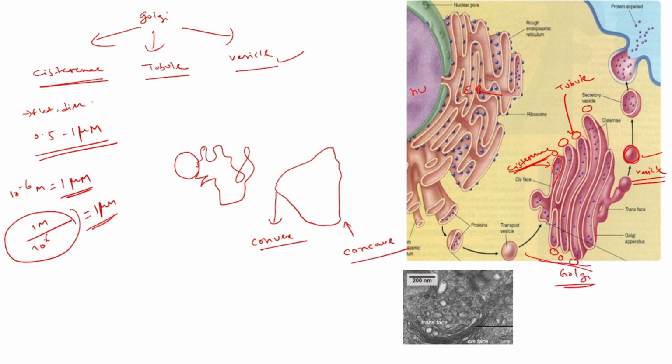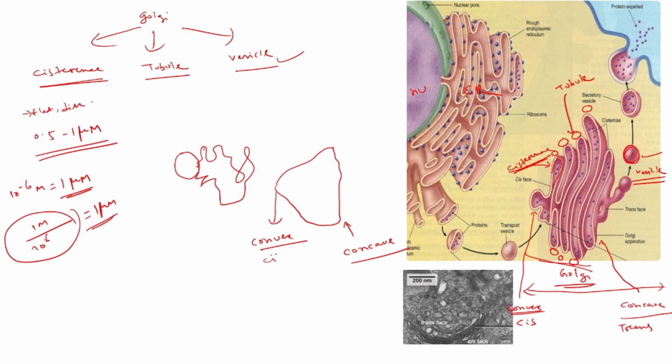You know what is convex and what is concave. The pointed end is called the convex. So one part is here, and this part is called the convex and this part is called the concave. The convex part is also called the cis face, while the concave part is also called the trans face.